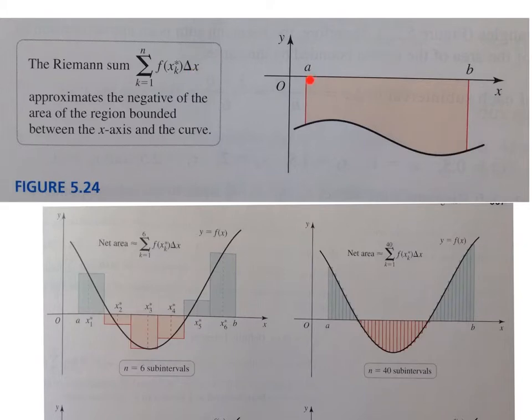So if we did 10 intervals, we do b minus a divided by 10, and that would give us our base that we're going to keep using, and that's why it's going to be summed up. Every time we do a new rectangle, this is the area of a rectangle, we're going to multiply the base times the height. And we're going to get that height by plugging in some value x that is on each of these little subintervals, each of these little rectangles. Plug it in and get the height. So that's what this is saying.